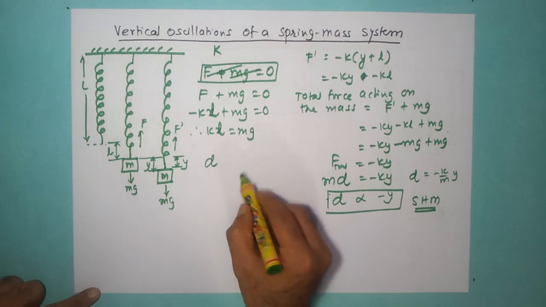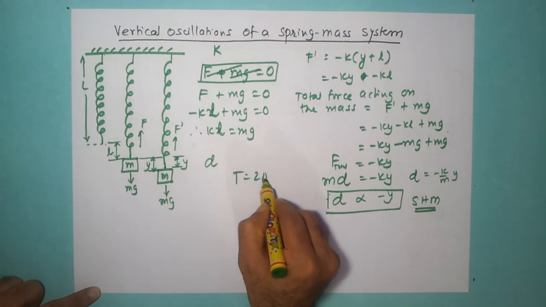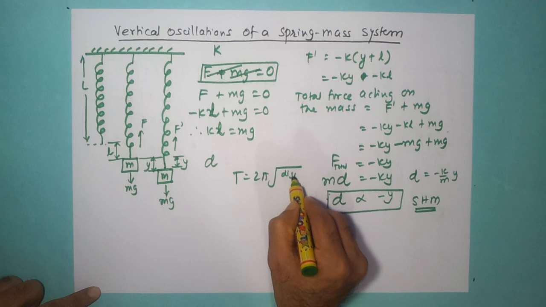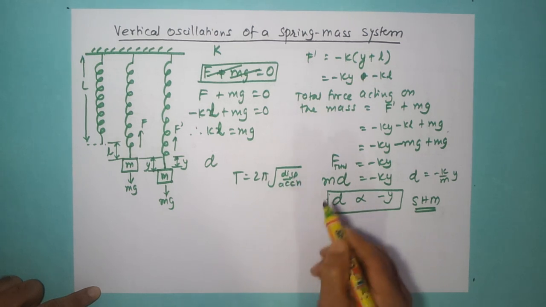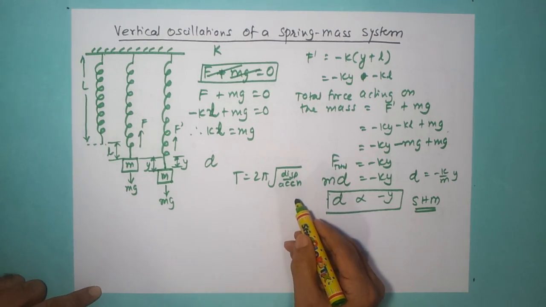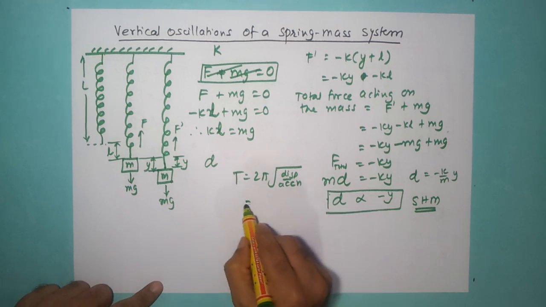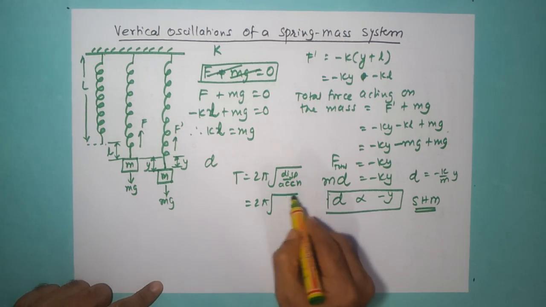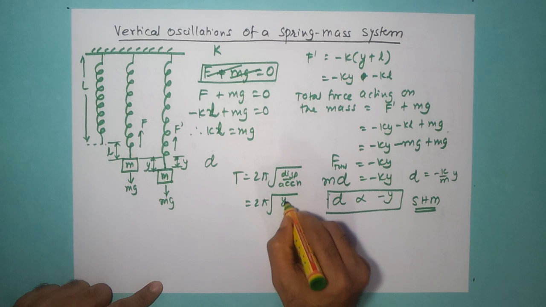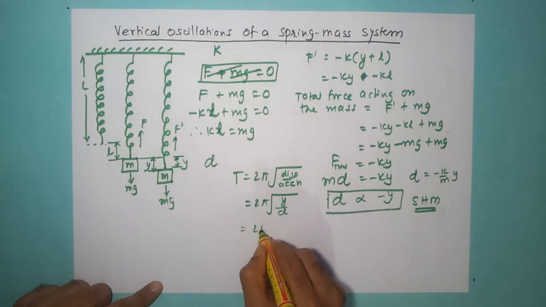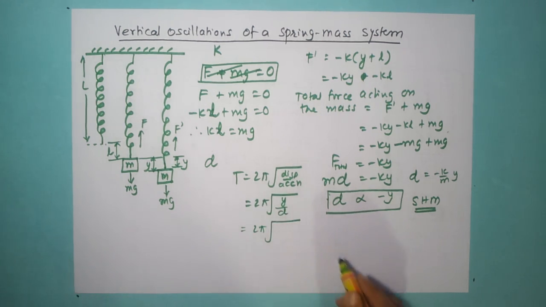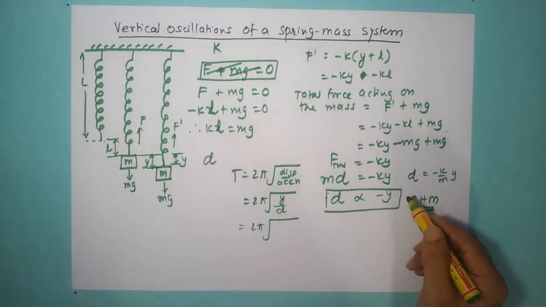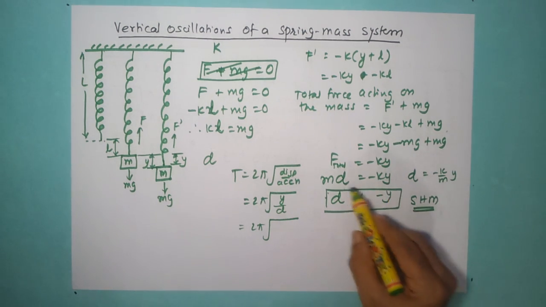Talking about the time period, the standard equation for the time period of simple harmonic motion is T equal to 2 pi times displacement upon acceleration. Displacement in this case is y, acceleration is alpha, so T is equal to 2 pi y upon alpha. Now, if I look at this equation, what is y upon alpha?